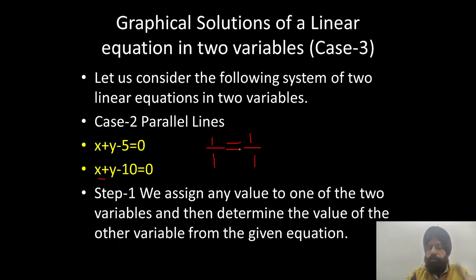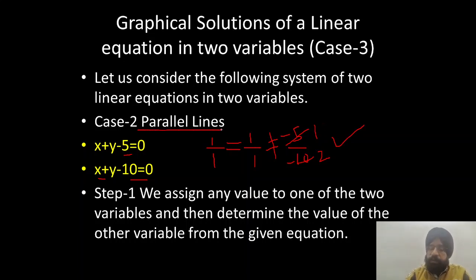Both are equal, but now we need to see the constants. The first constant was -5 and the second constant was -10. These two are not equal. Therefore, if a1 upon a2 equals b1 upon b2 but is not equal to the constants c1 upon c2, it is going to represent the parallel line case.